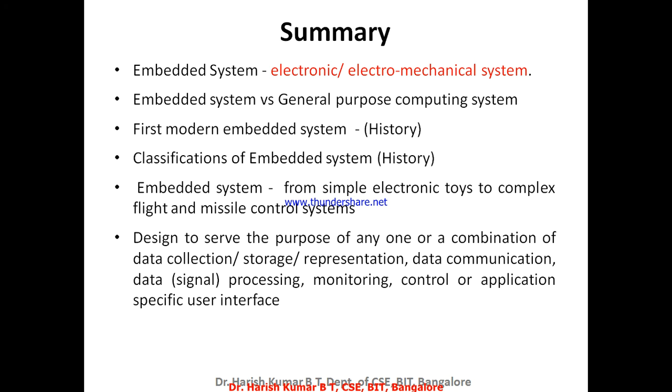It may be used for data collection, storage or representation, or for data communication, transferring the data from one to the other, or for processing the data, monitoring the data, controlling the data, or for developing an application specific user interface, or some combination of these things. So when you're designing an embedded system, the purpose need not be any one among them. It can be a combination of one or more of these purposes.